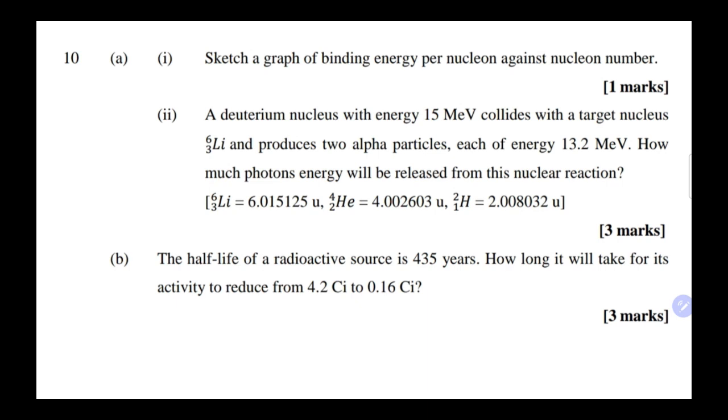Before that, according to this question, it seems like 10A2 is out of syllabus, because we are discussing an induced reaction, where we need to bombard the nuclei using other particles, then giving you two different nuclei. That one is under the fission process. Fission is an induced process. Sorry, it's not a spontaneous process. So this is out of syllabus.